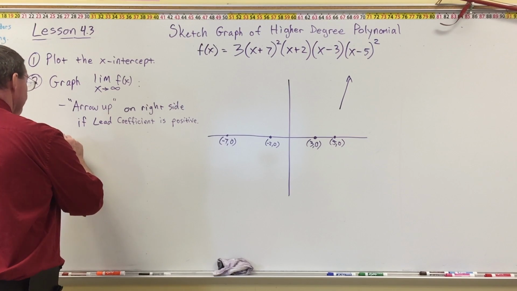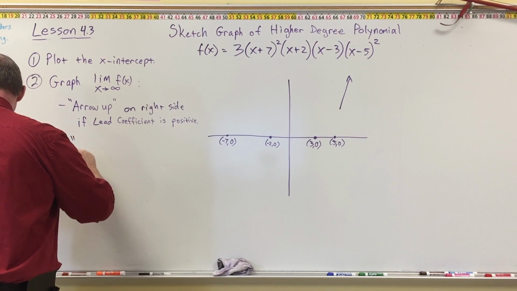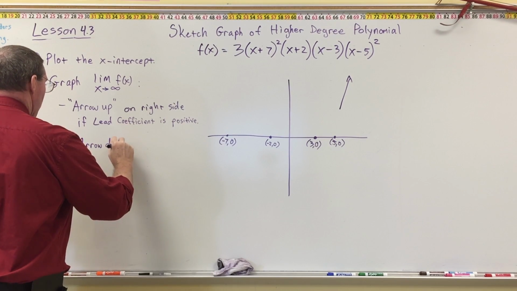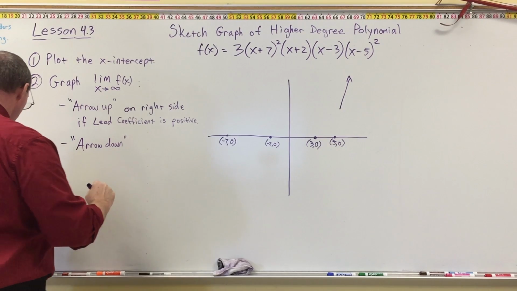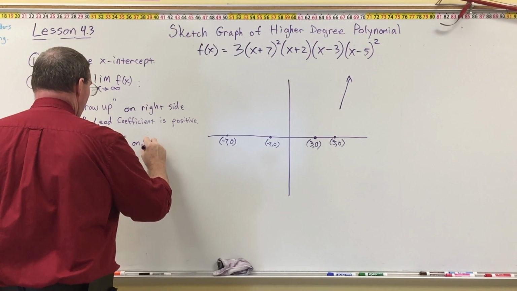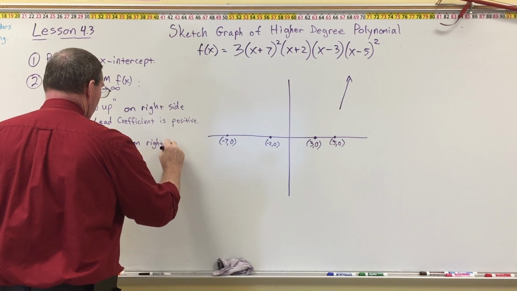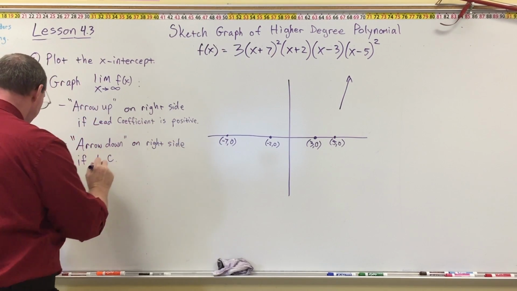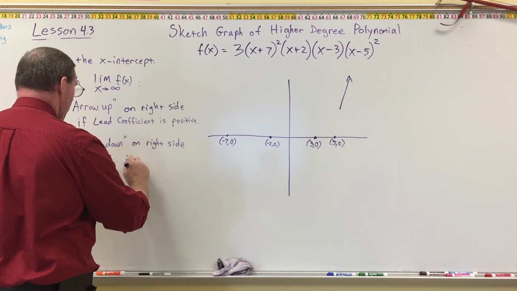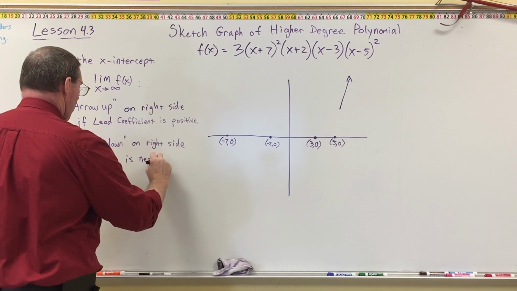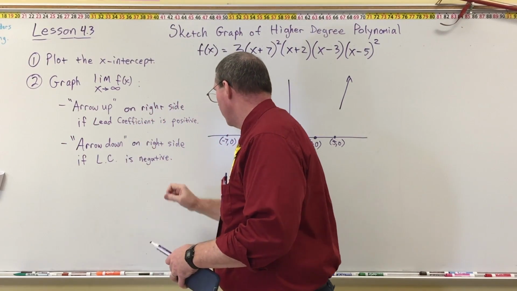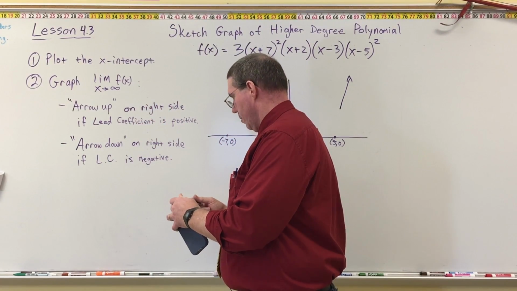If it was negative, we're going to draw an arrow down on the right side, if the LC, the lead coefficient, is negative. Now I'm going to show you what that would look like if that was the case in this particular problem.